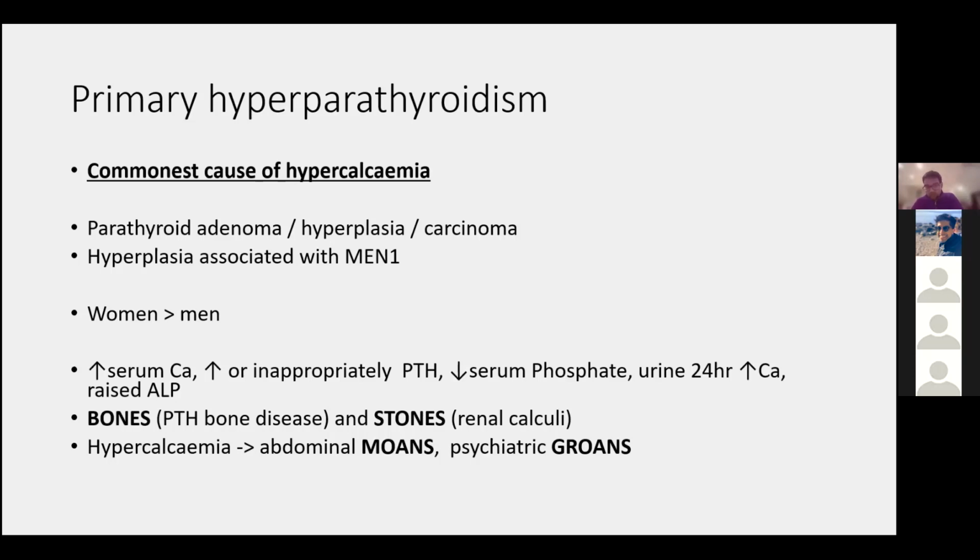It's more common in women, and you get the features as I said before: raised calcium, low phosphate, inappropriately normal or raised PTH, and a raised urinary 24-hour calcium measurement. They will often have a raised ALP as well, because your PTH is acting on your bone and causing your bone to be resorbed. So that's why these patients often have the classical bones, stones, moans, and groans.